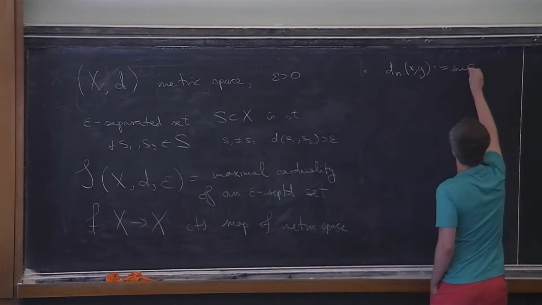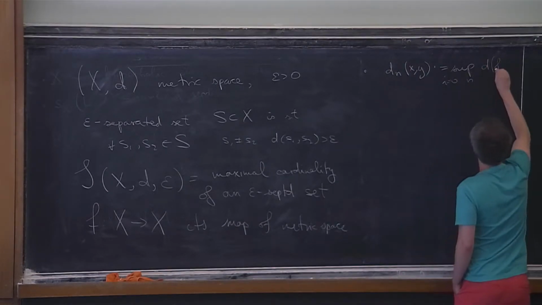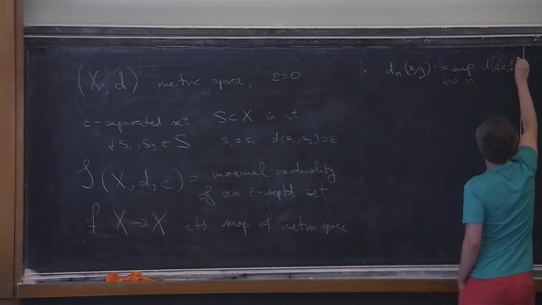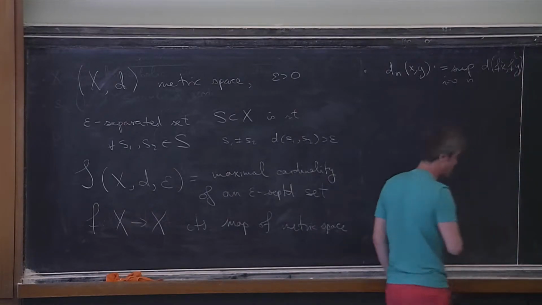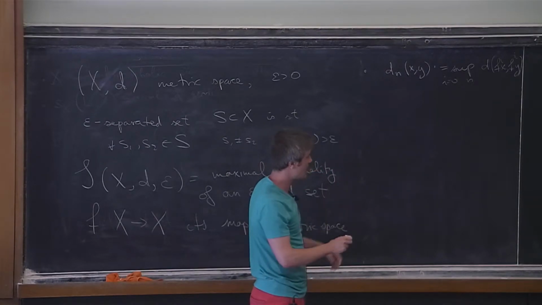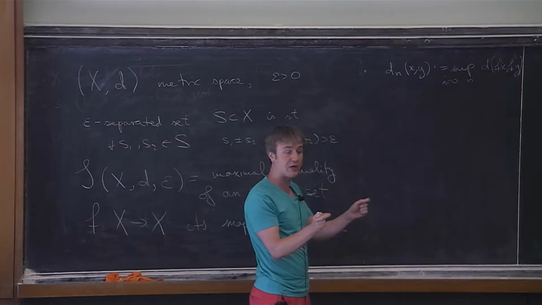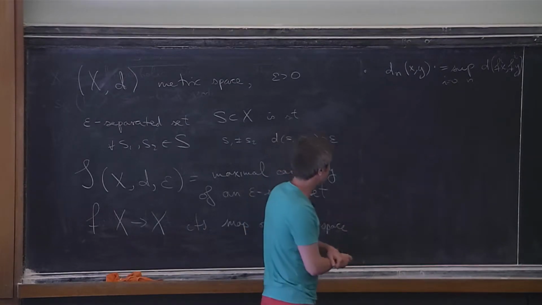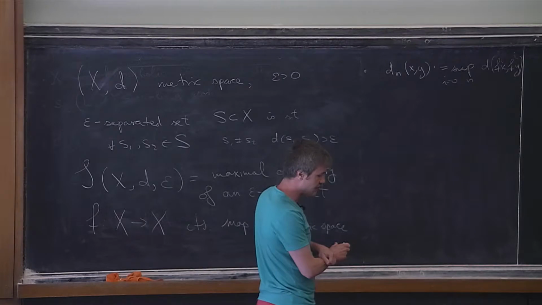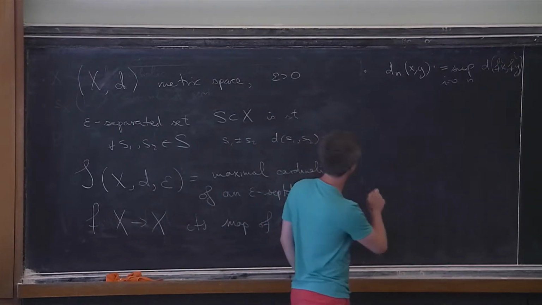It's d_n(x,y), the supremum for i from 0 up to n of the distance from f^i(x) to f^i(y). So we take two points and we follow them under the dynamics for time n, and we record the furthest they went apart.